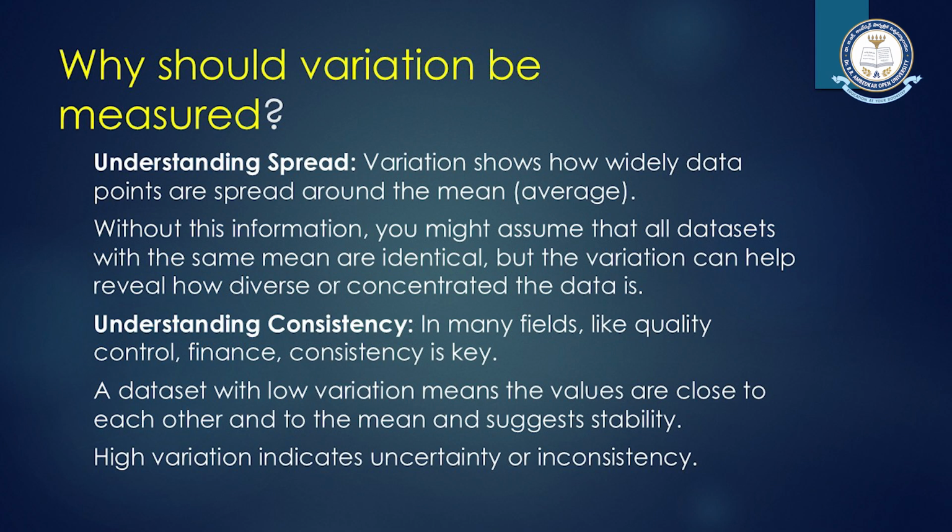It helps us in understanding how the data points in the data sets are diverse or concentrated around the mean. So, it helps in understanding consistency in many fields like quality control, finance, health.